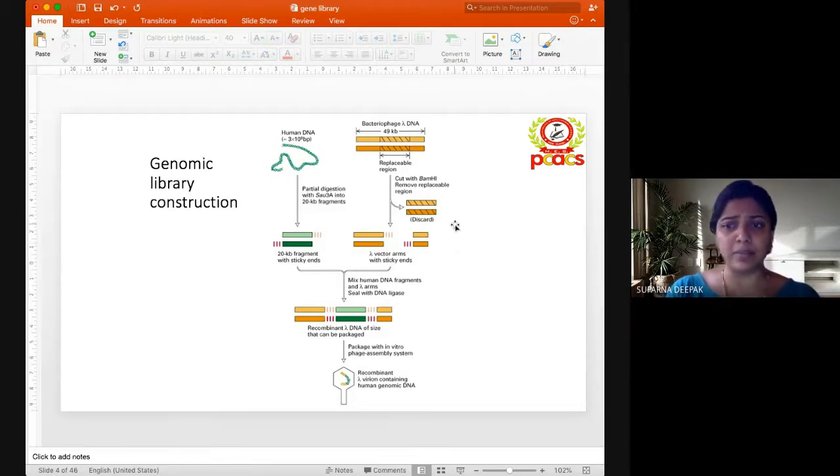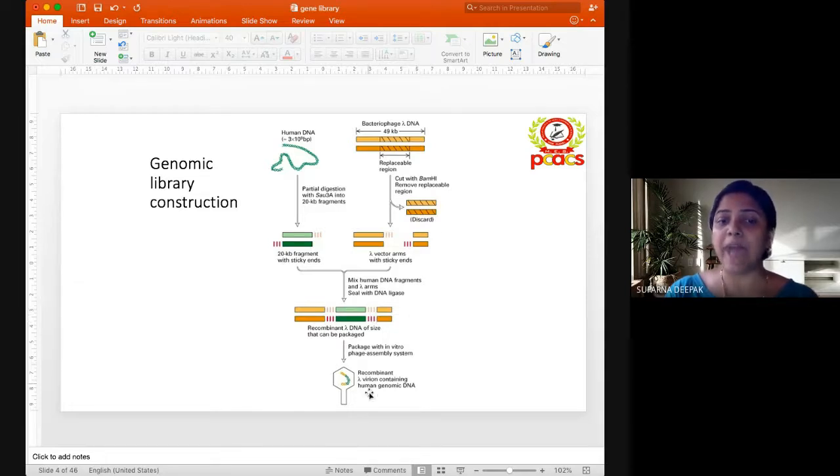The method is similar. You mix your human DNA fragments, which you get after restricting with the particular enzyme, with your lambda arms, and then seal it with your DNA ligase.